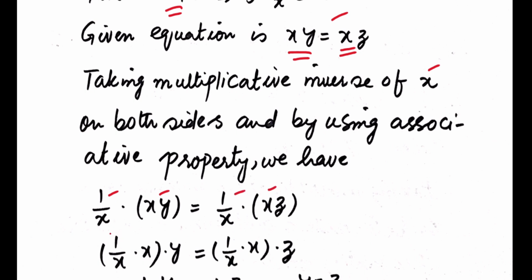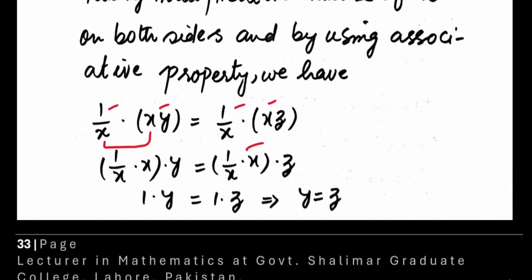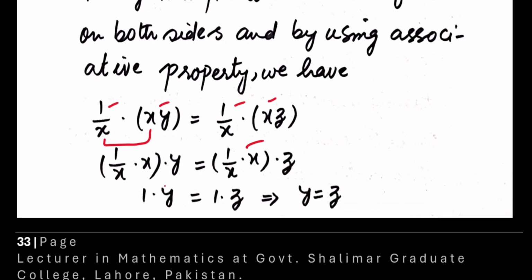Using the associative property, we can combine 1/x with x on both sides. As x and 1/x are reciprocals of each other, their product is equal to the identity 1. As 1 is the multiplicative identity, when you multiply 1 with y, this gives y and this gives z, which is what was required to prove.